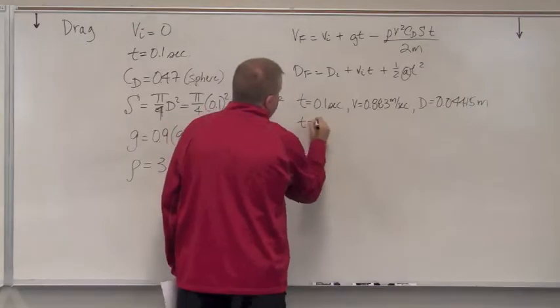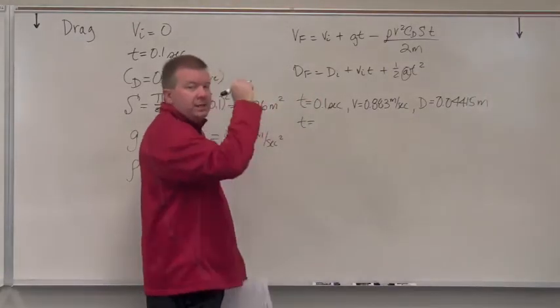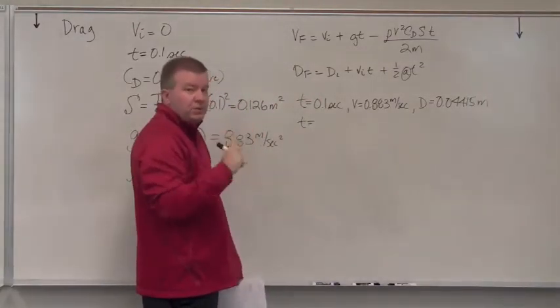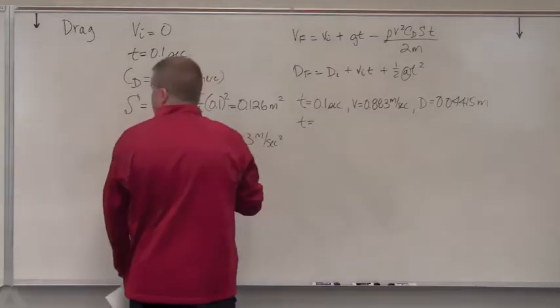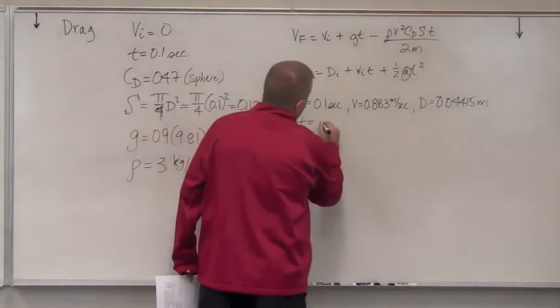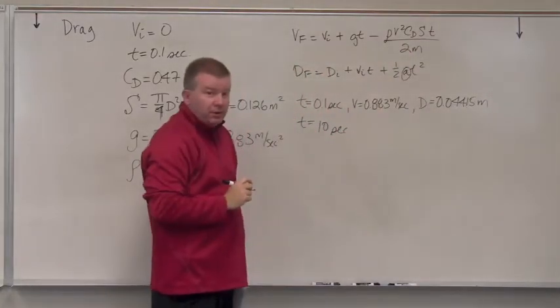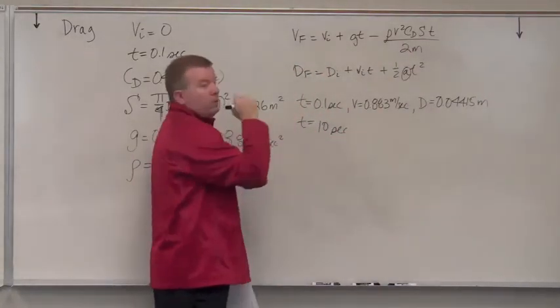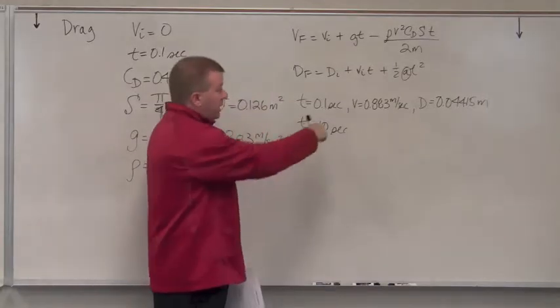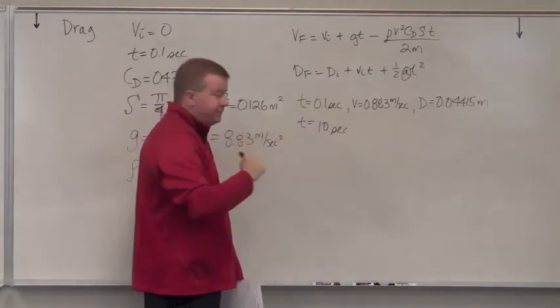Then I kept on going, because you have to continue to iterate, continue to loop the problem. You can't just plug in 10 for t to see what's happening at 10 seconds. That doesn't work. You have to plug in 0.1, then 0.1, then 0.1, and change the numbers throughout.